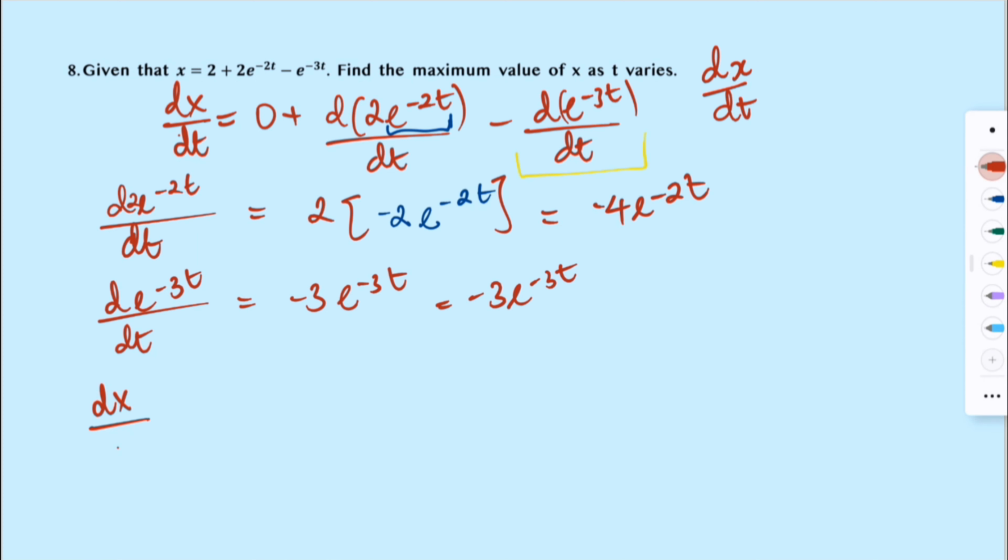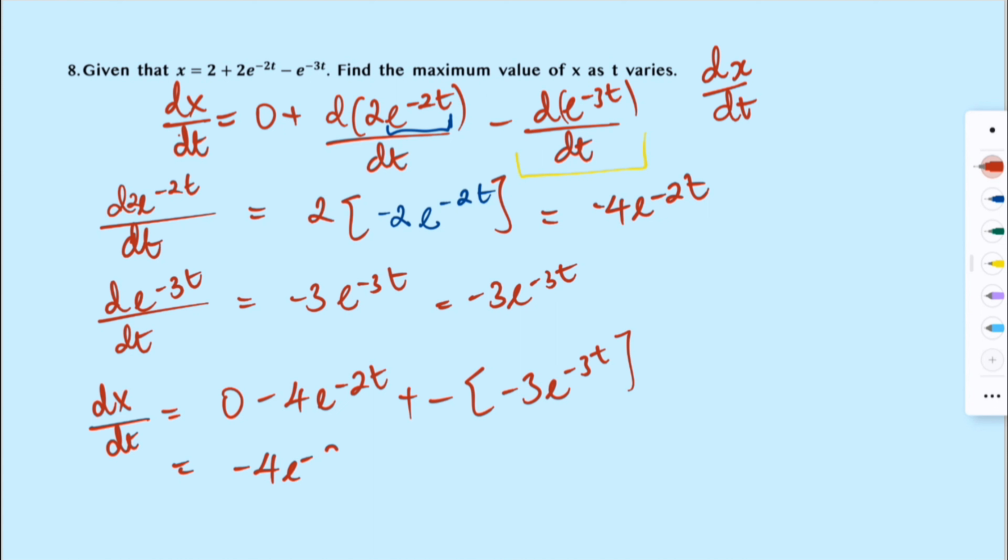dx by dt would be 0 minus 4e to the power negative 2t plus the negative, we put the derivative here, negative 3e to the power negative 3t. This would be negative 4e to the power negative 2t plus 3e to the power negative 3t.